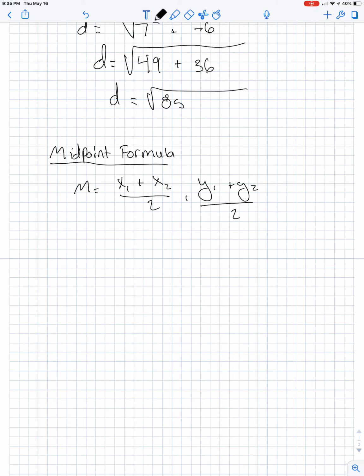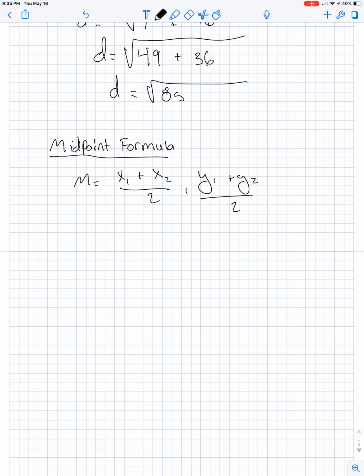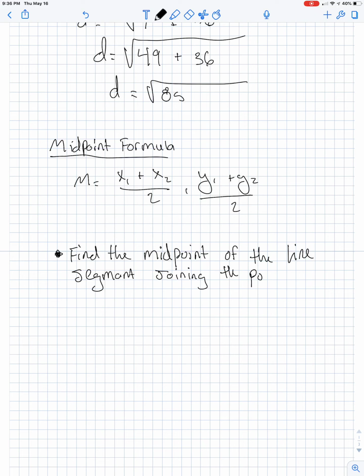So for this example, the two sets of points we will use, or the question will be, find the midpoint of the line segment joining the points -5, 1 and -1, 6.